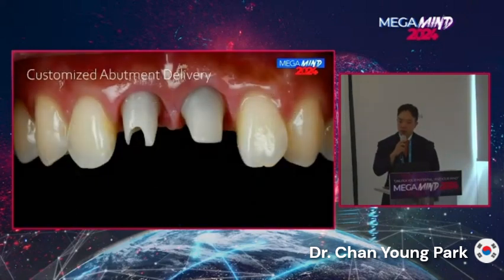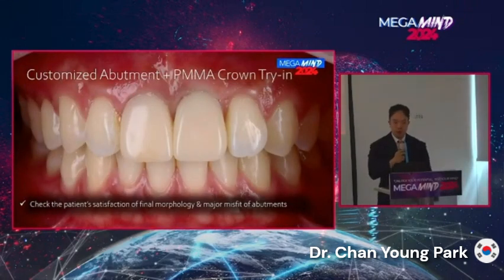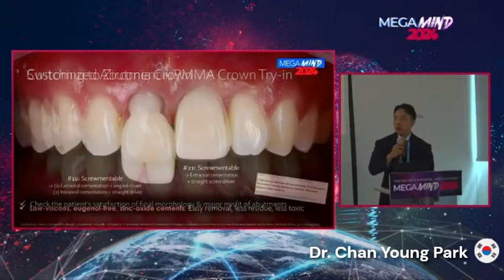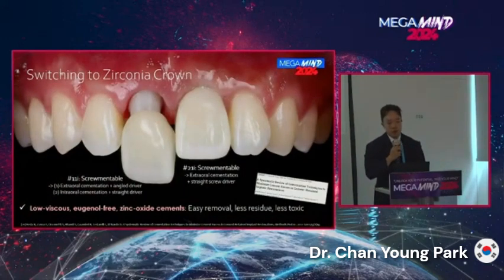So after finishing the design, the prostheses were all fabricated. And first, the customized abutments were delivered along with the PMMA crowns beforehand to check the patient's final satisfaction of the morphology and to see if there's any major misfit of the abutments. Everything was fine, so we switched to the final zirconia crowns, both of which were screw mountable types.